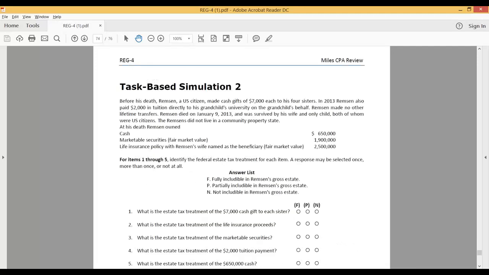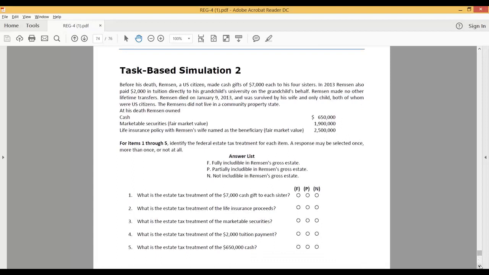Now let's look at this simulation here. Before his death, Remsen, a US citizen, made a cash gift of $7,000 each to his 4 sisters. In 2013, Remsen also paid $2,000 in tuition directly to his grandchild's university on the grandchild's behalf. Remsen made no other lifetime transfers.